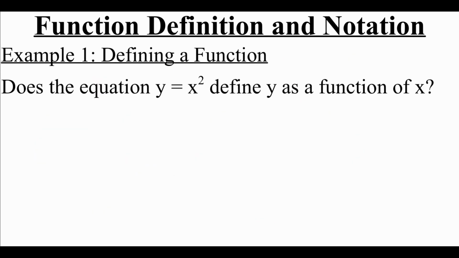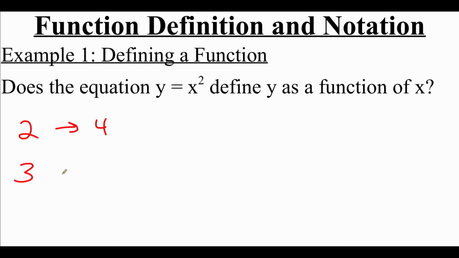So here in this first example, we want to figure out, does the equation y equals x squared define y as a function of x? One of the big things we were looking at is that with a function, when we plug in an x value, we should get back a very specific y value. Well here, if we plugged in 2, we know that we're going to get 4 as our answer, because 2 squared is 4.